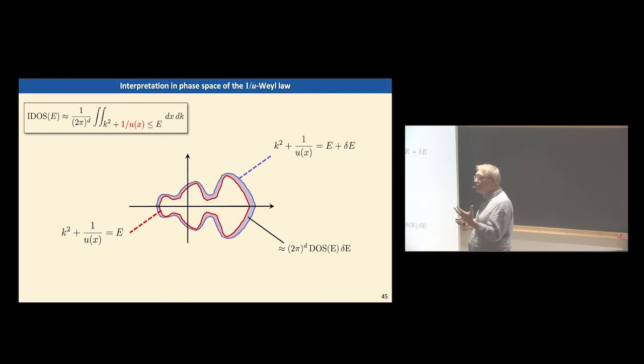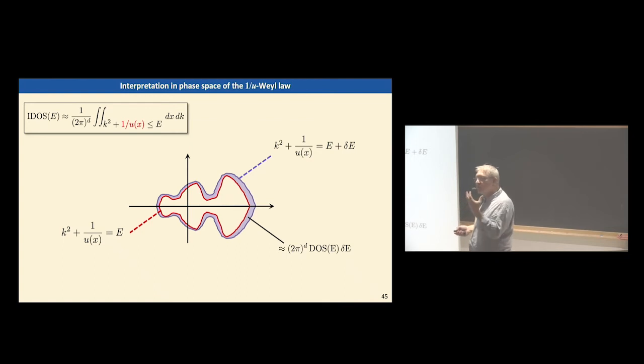When you go from energy E to energy E plus dE, you go from one level set to another level set. In this region that you have gained in phase space, you have found exactly the differential of the counting function, so that you have here the DOS.